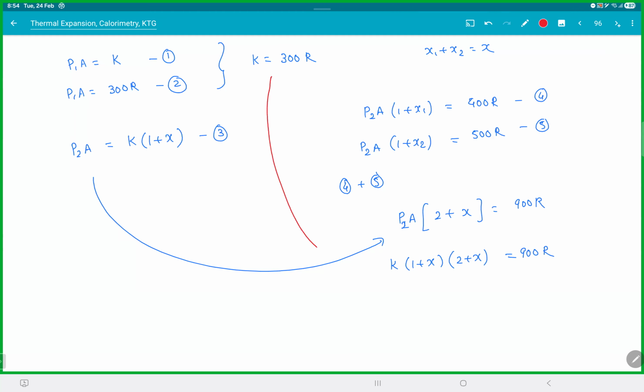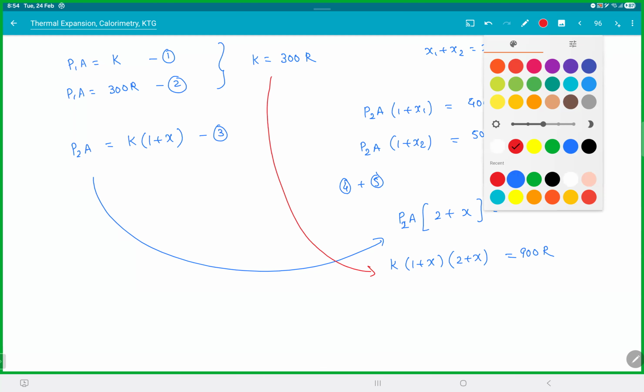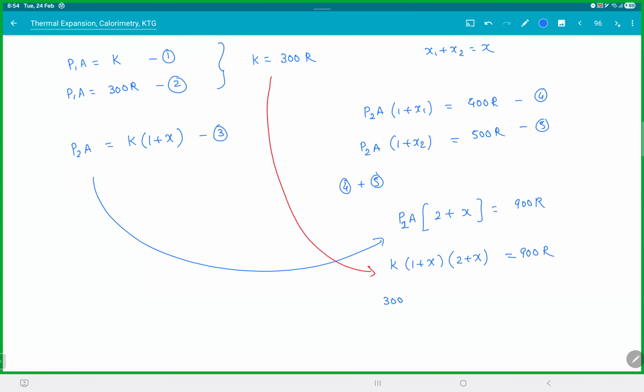Take K from here and substitute here. That would be 300 R. That would be 2 plus x square plus 3x is equal to 900 R. So we get x square plus 3x plus 2, that will be minus 1, is equal to 0. We got a quadratic. So get the roots for this.